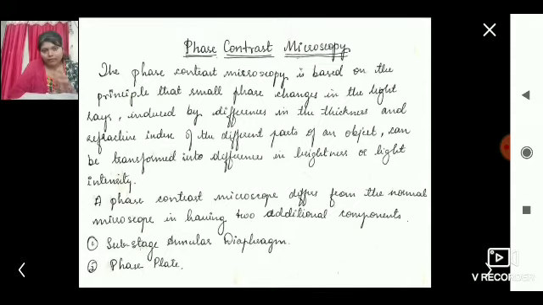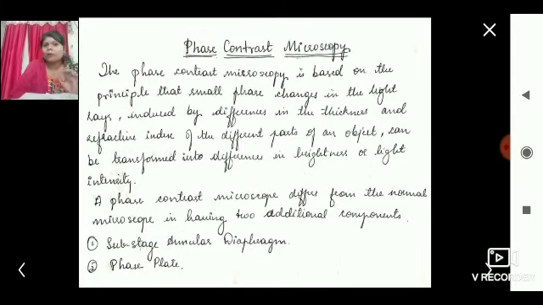Okay, so we are going to have control over the brightness of the light intensity on the object. A phase contrast microscope differs from the normal microscope in having two additional components.